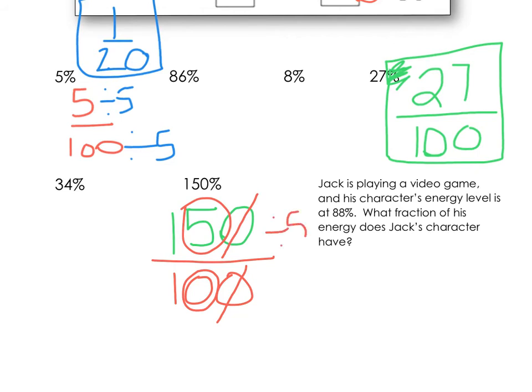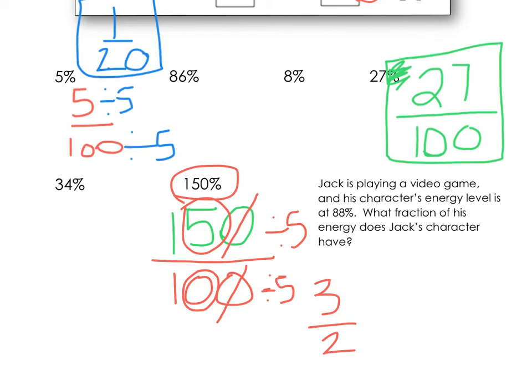So 15 divided by 5 is 3, and 10 divided by 5, not 100, is 2. So our fraction would be 3 over 2. Now notice when the percent is bigger than 100, we do have an improper fraction, okay?